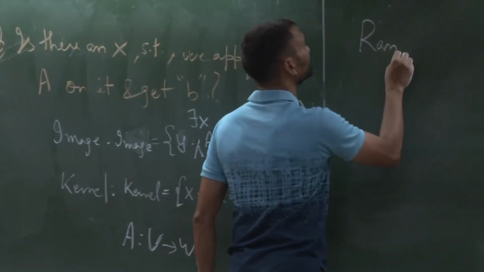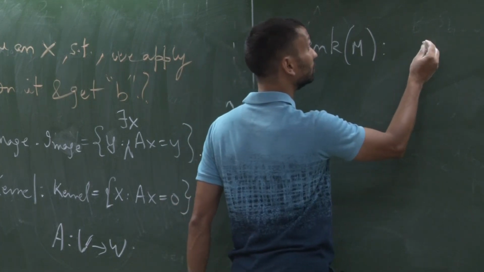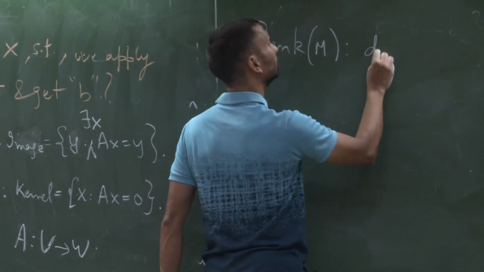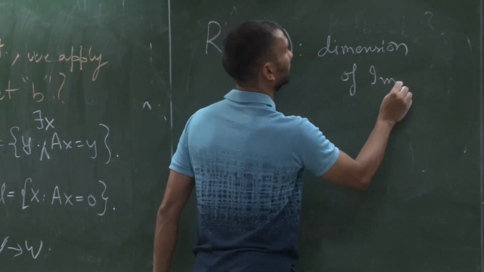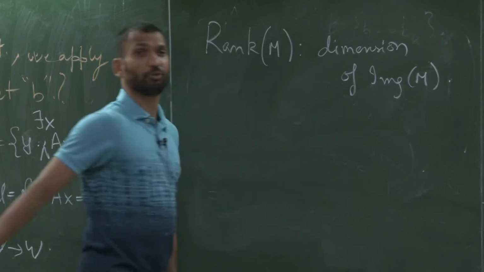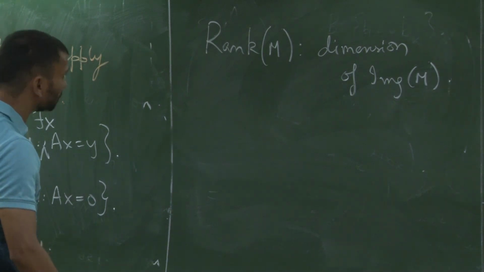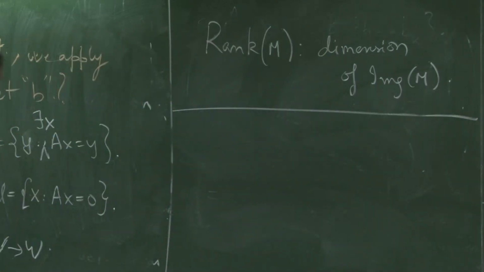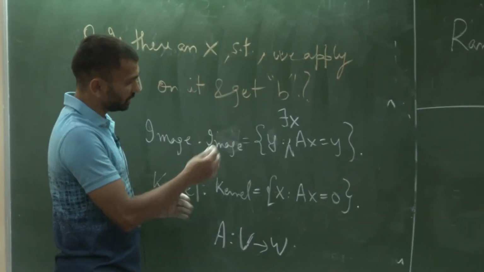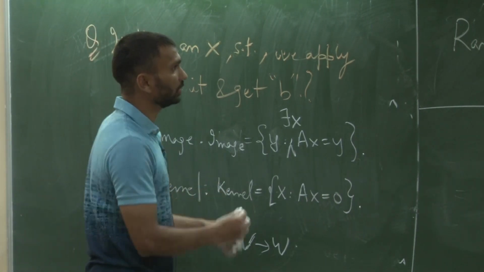So then the next concept is rank of a matrix, which is basically the dimension of image. Okay, and one reason to introduce kernel is that you will see it behaves very nicely. It's kind of the orthogonal part of the image. I don't want to say orthogonal because they are coming from different vector spaces, but they are complementary to each other.